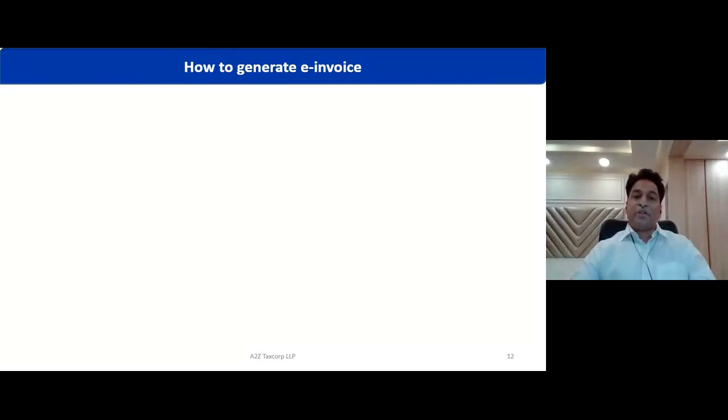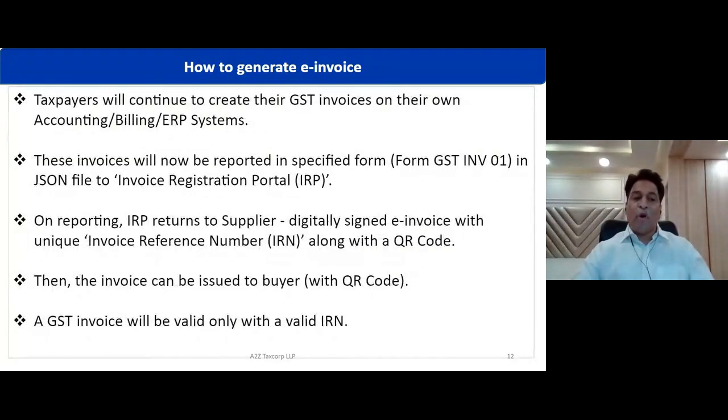Now, when I talk about how to generate e-invoice, these are the bullet points which you must note: a taxpayer will continue to create their GST invoice from their own accounting, billing, and ERP system. Now, these invoices which are created and generated from their own system need to be in a specified form.